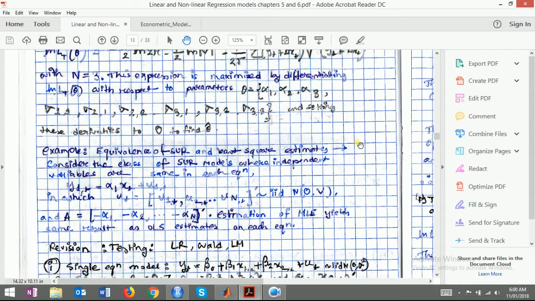Estimation by the maximum likelihood estimator yields the same results as estimates on each equation separately. So only if independent variables are the same in each equation.